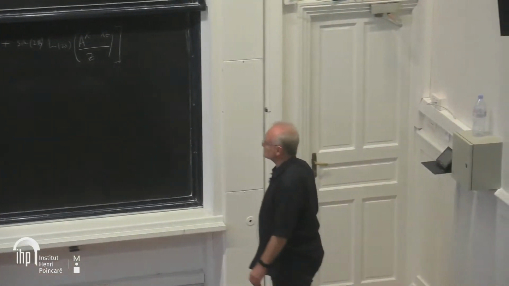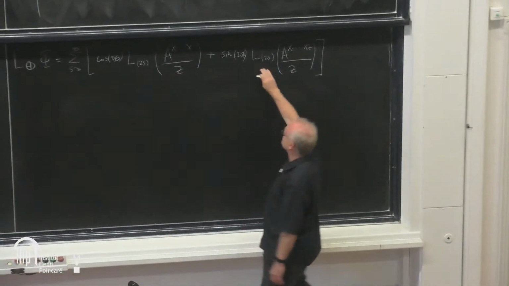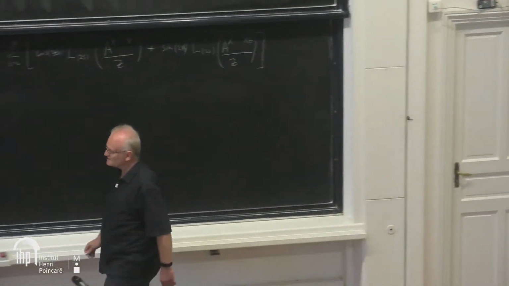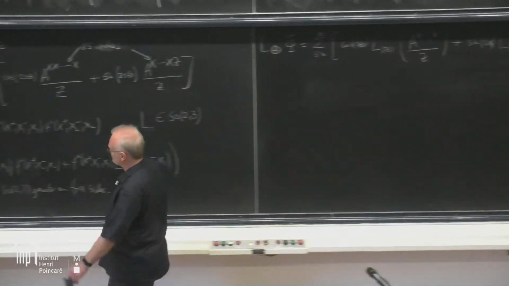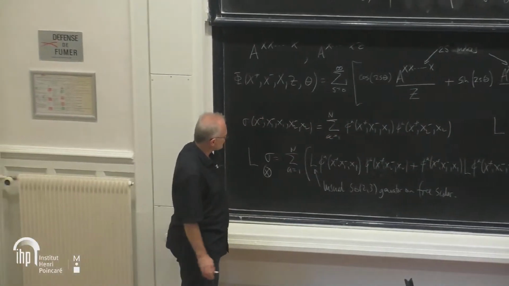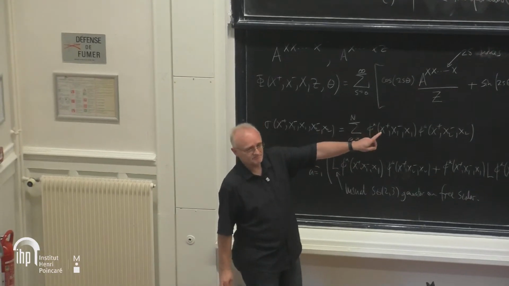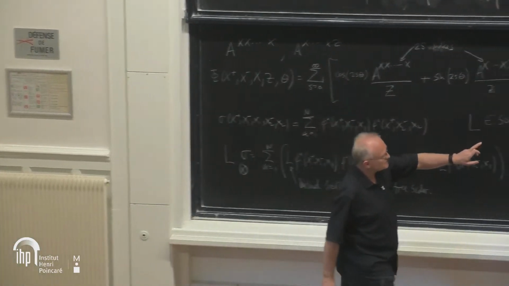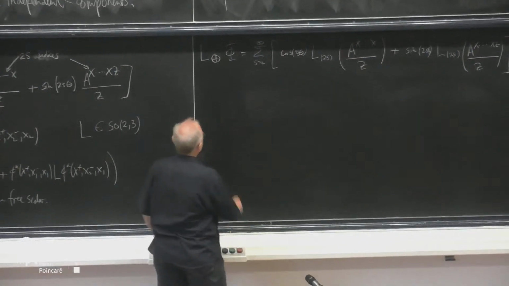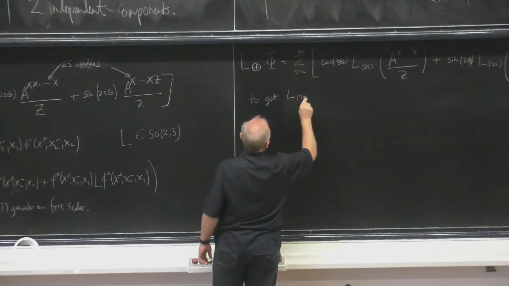So for each different representation that appears in the higher spin gravity, we've got a different conformal generator. And we want to know, is there a change of the CFT coordinates? Not obvious that there is one, but is there a change of the CFT coordinates that takes you from this representation that you know to that one? And let me just unpack what this L to the 2s is. What do you have to do to get L to the 2s?